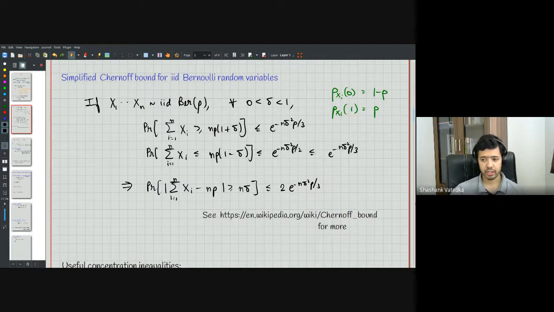This is what is called a concentration inequality, and it is so called because this statement says that the summation of all the xi's, when the xi's are IID Bernoulli P, is highly concentrated about the mean. The probability that it deviates from the mean by even a small amount, n delta, is exponentially decaying.